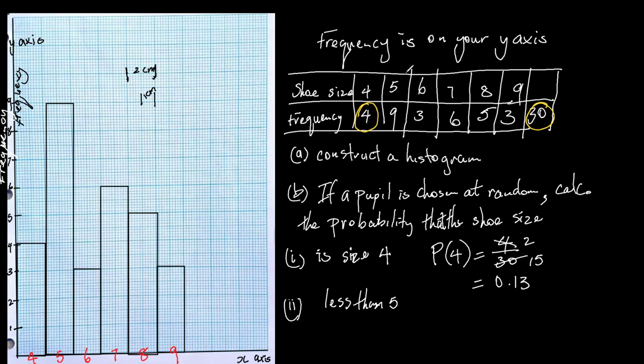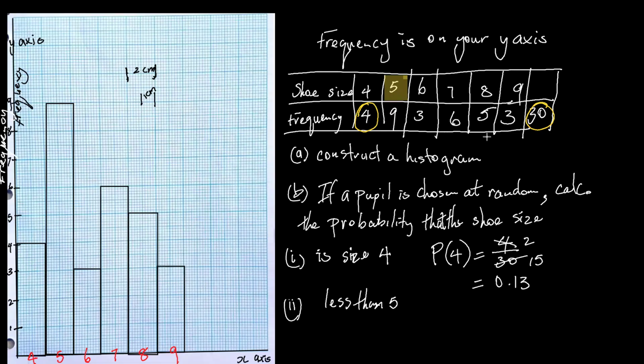If you look at the frequency, it's only shoe size 4, right? Which will be 4 over 30 again.